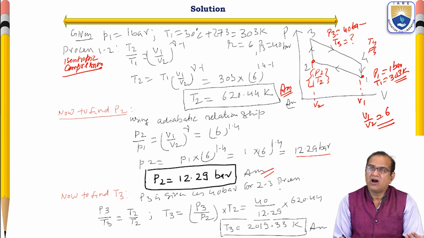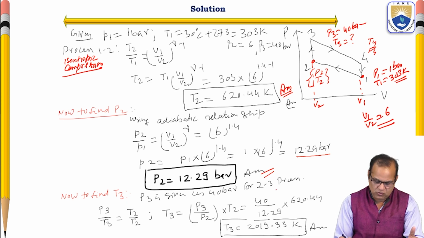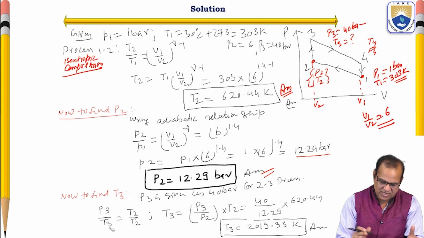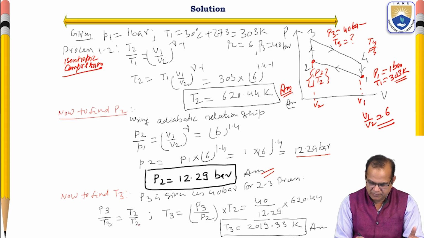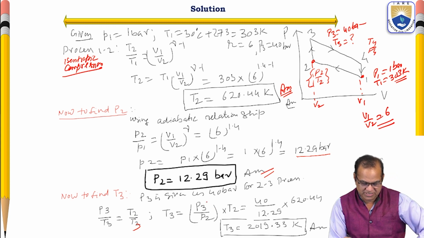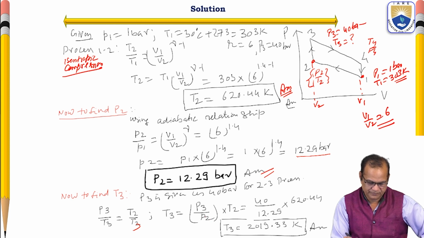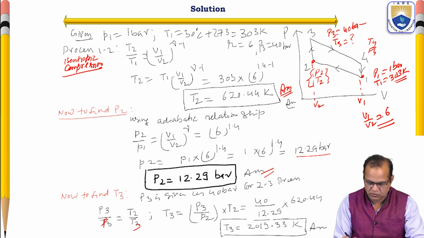So P3 by T3 is equal to P2 by T2. So T3 is equal to P3 by P2 into T2.